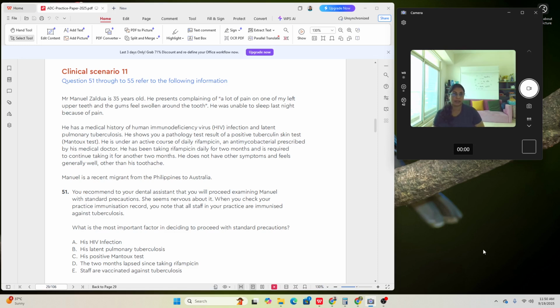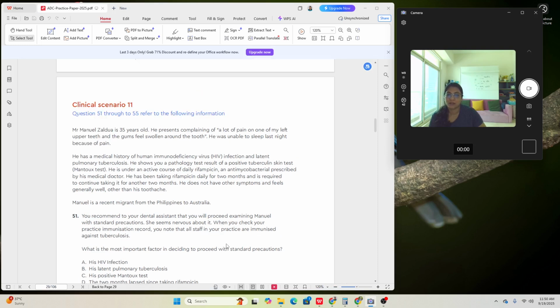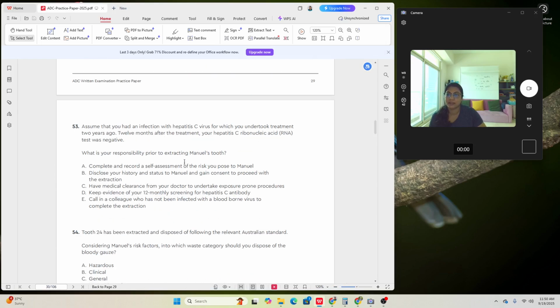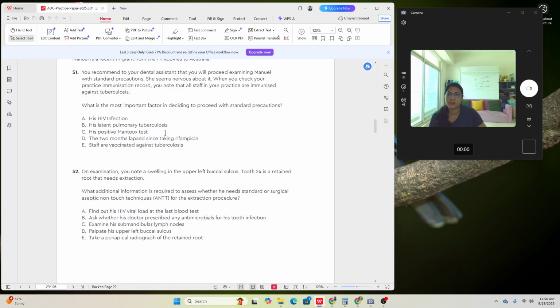If that was an active one, then you wouldn't have gone with the standard precautions. Other factors are not important. So the only history of his latent tuberculosis makes you take standard precautions only. On examination, you note a swelling in the upper left buccal sulcus.